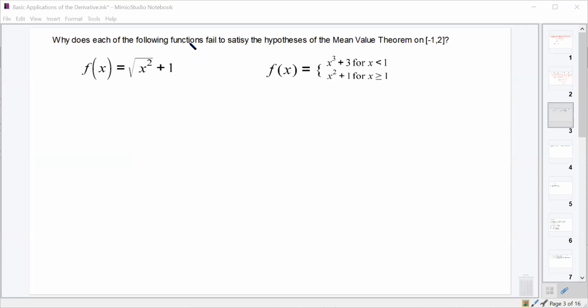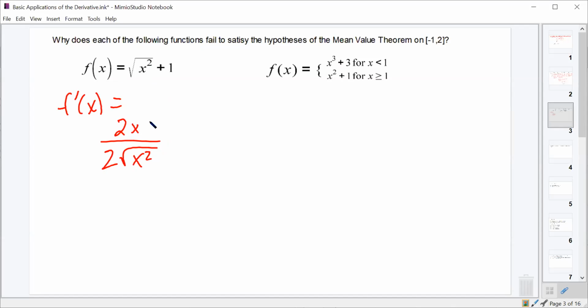So for the first one, is this function continuous from -1 to 2? Can I plug any value in there between -1 and 2? Should be able to. But what about differentiability? What's the derivative of this function? f prime of x should equal what? 1 over 2 root x squared times the derivative of x squared, which is 2x.